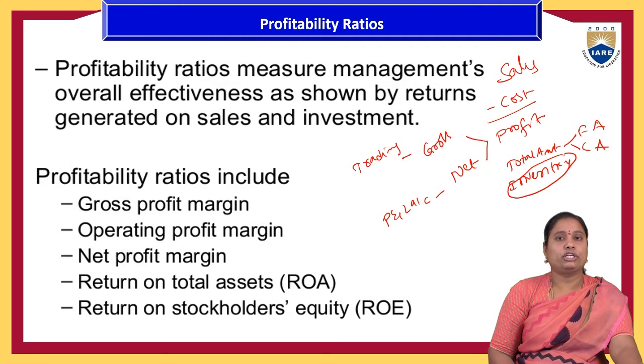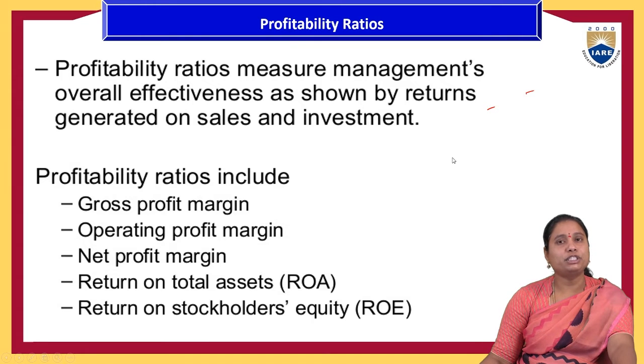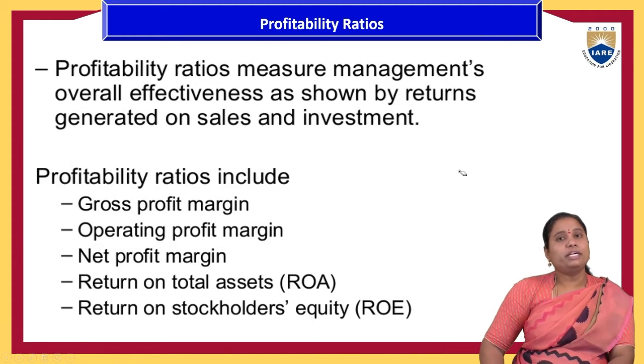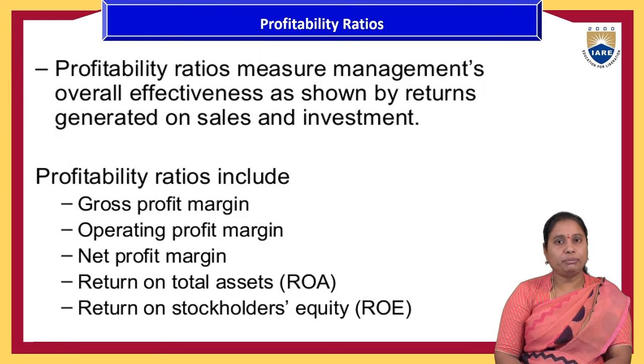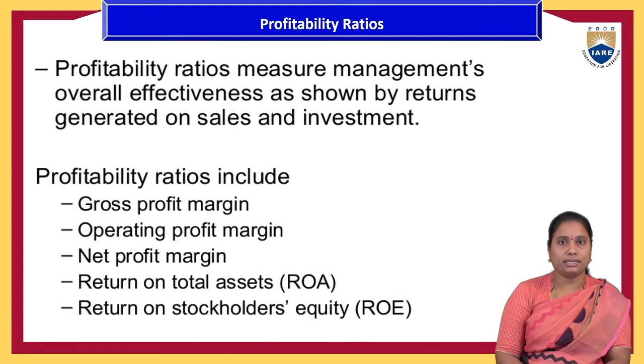The gross profit ratio and net profit ratio, everything is taken care of under the profitability ratios. That is why it measures the management's overall efficiency in terms of the returns gained out of their sales. These profitability ratios include the gross profit margin ratio, net profit margin ratio, operating profit margin ratio, return on total assets ratio, and return on equity shareholders ratio.